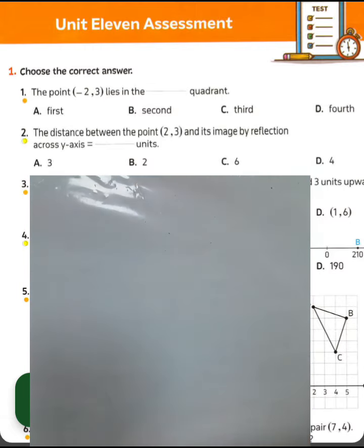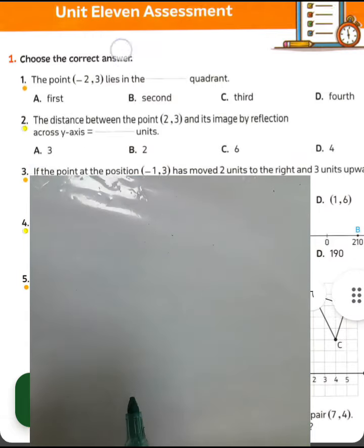We have two solutions. Okay, question number 3.